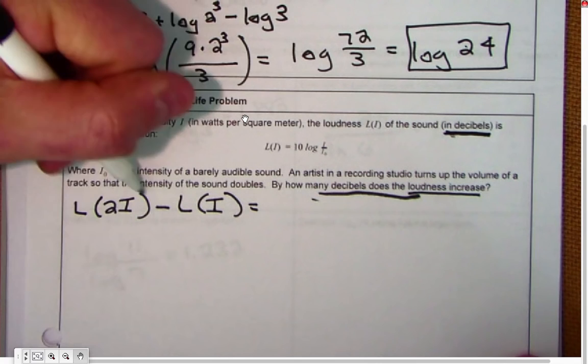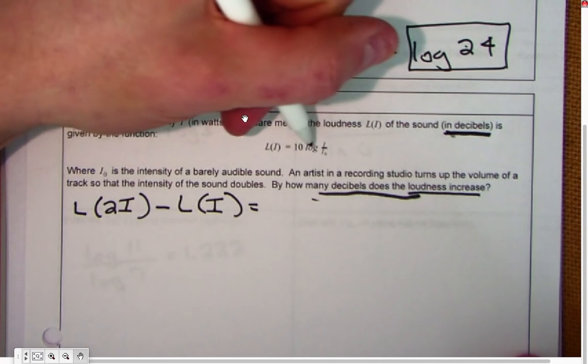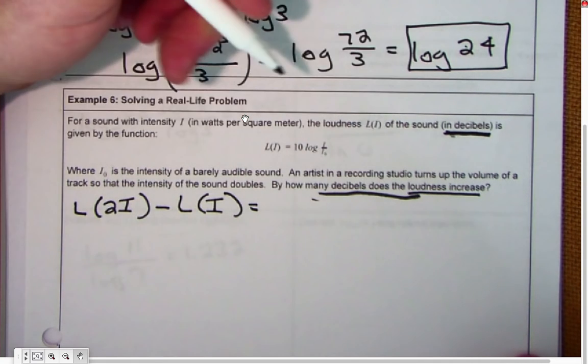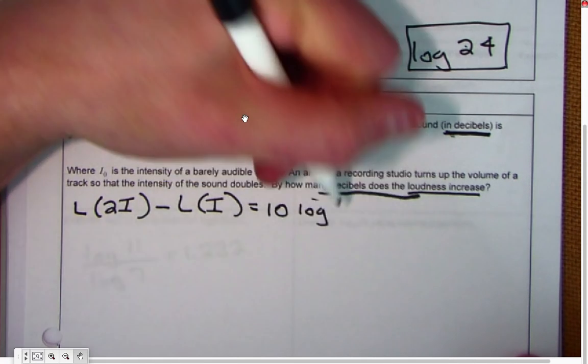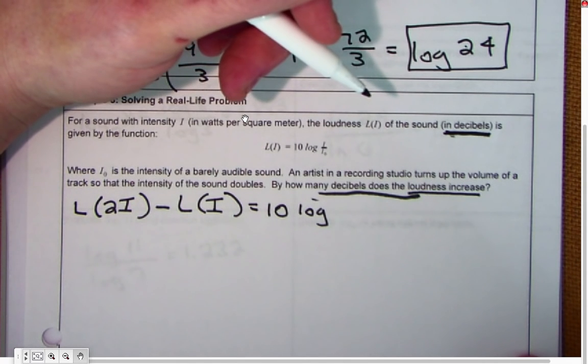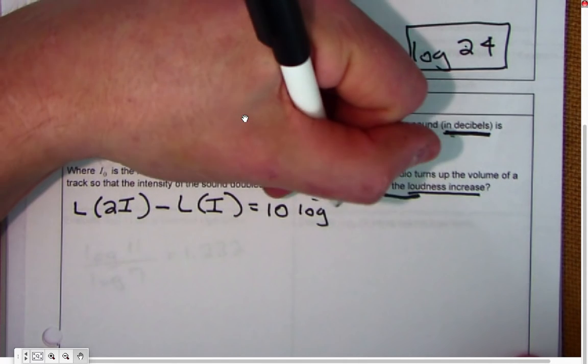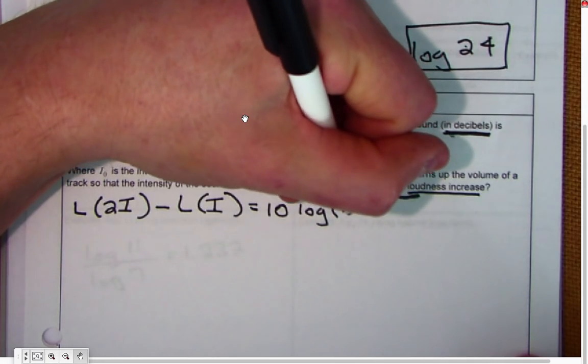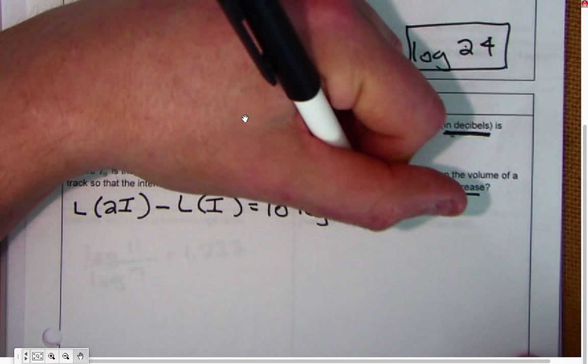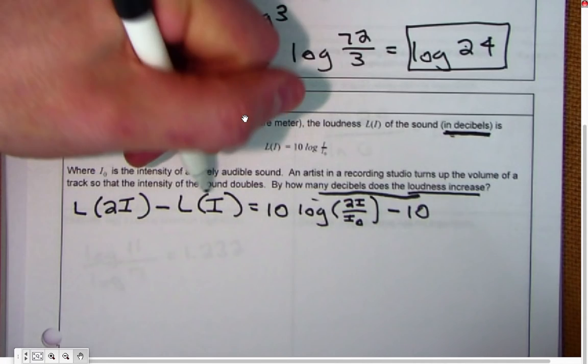I take this and plug 2I into there. So I get 10 times the log of 2I over I sub 0, minus this one right here, which is just 10 times the log of I over I sub 0.